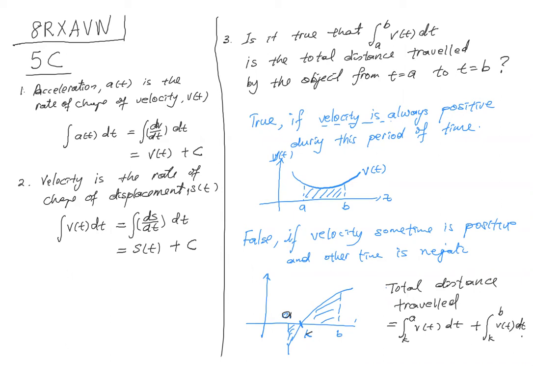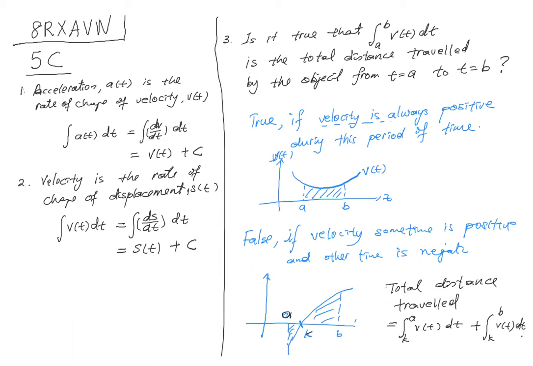If you look at the textbook, page 138, that is only true for the diagram, which is what they are trying to tell you. So I don't want to follow that. I follow mine. I ask you the question first: is it true that the integral of a to b of v(t) dt is the total distance traveled by an object from t equal to a to t equal to b? There are two possible answers.